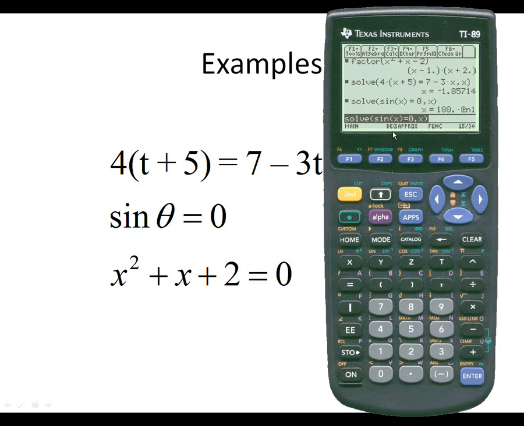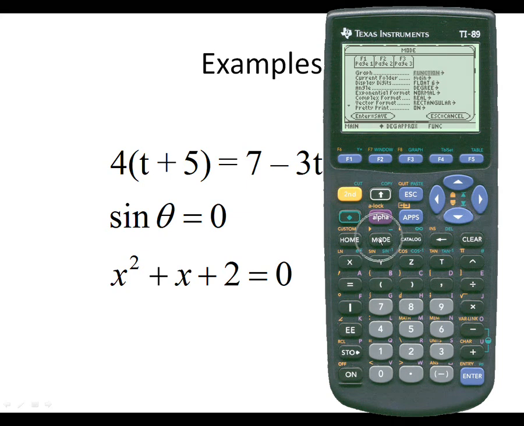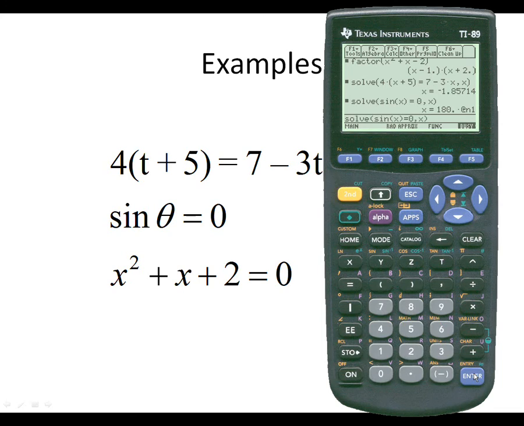First of all, what you have to recognize is my answer is definitely in degrees, and that is because I'm in degree mode. If I was to repeat this calculation and I change my mode, we covered that last week, to radians, then I get a totally different answer. That's in radians. See the 3.14, the pi.